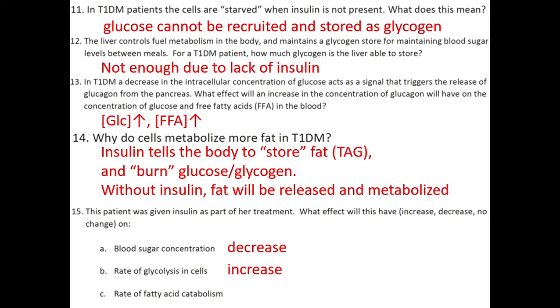C, rate of fatty acid catabolism. So that is the release of fatty acids. Again, insulin will tell the body to store fat. So fatty acid catabolism will be decreased. We are going to store the fat, and we are not going to break down fat. Catabolism means breaking down molecules. So we are not going to break down fatty acids, but store them. So fatty acid catabolism will decrease.